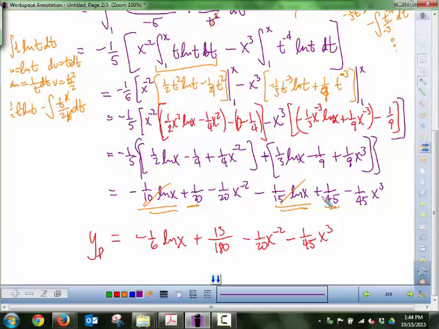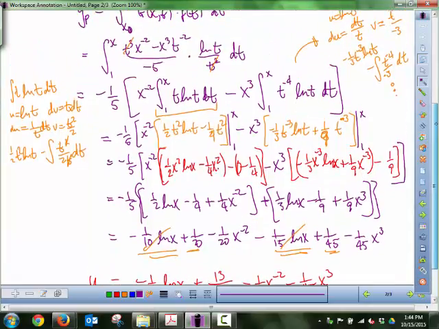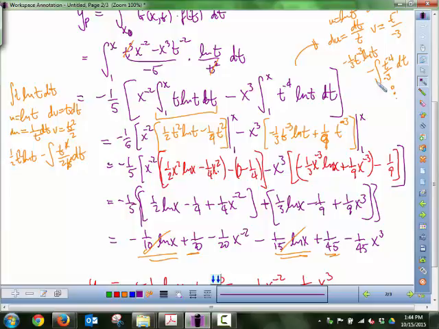Positive. Positive. The antiderivative was here. 1/9. Negative, negative. Let's hit the positive. And there was a negative in front here that we distributed. So that became negative.